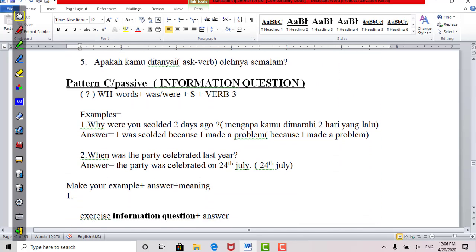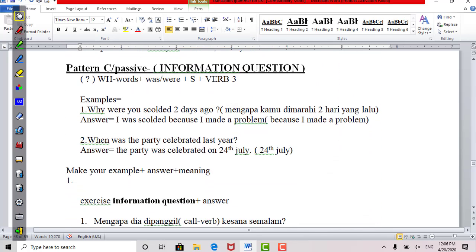Okay, this one is pattern C, and this pattern C can also be joined with the information question, WH words. For example, why? So WH word plus was or were plus subject plus verb 3 for pattern C, passive for information question. So, why were you scolded 2 days ago?